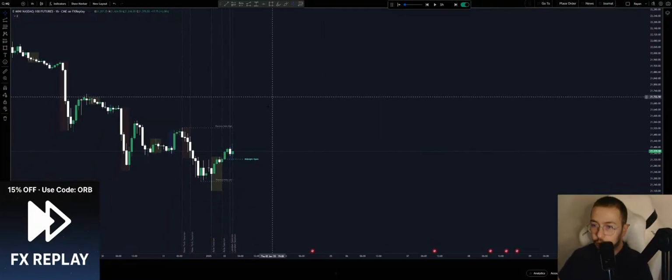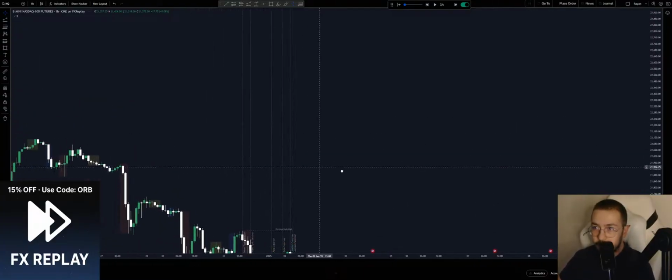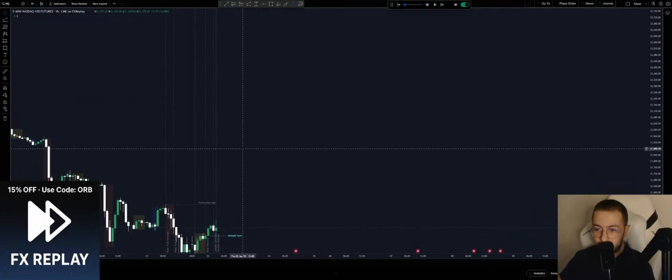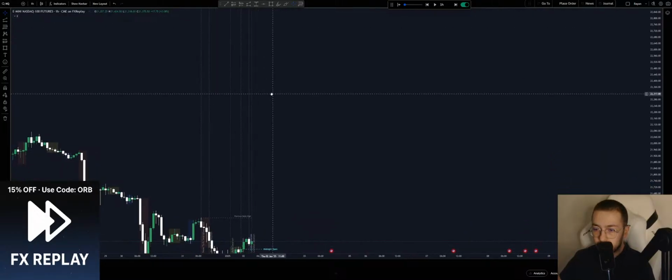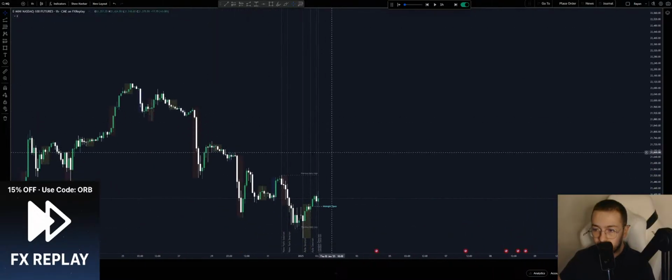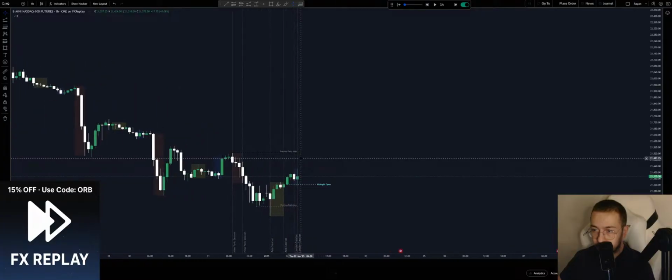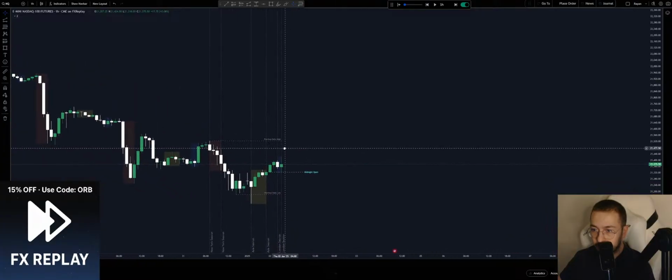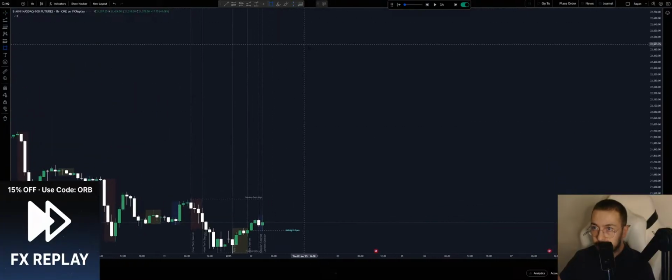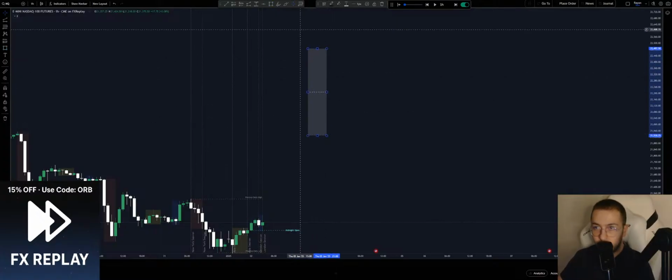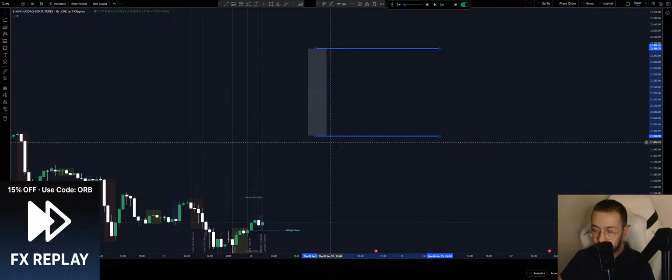Okay, so what is the silver bullet strategy? Basically, we wait on the 1 hour. The 1 hour candle should be the 9 a.m. candle. So once the 9 a.m. candle forms on the 1 hour, you mark the high and the low of that candle.